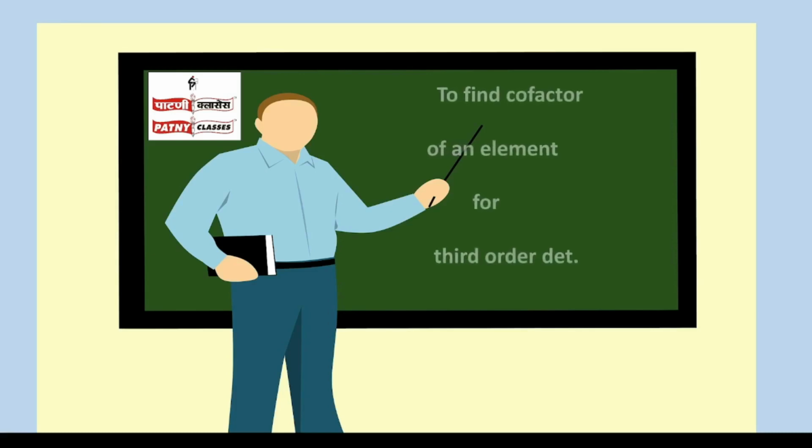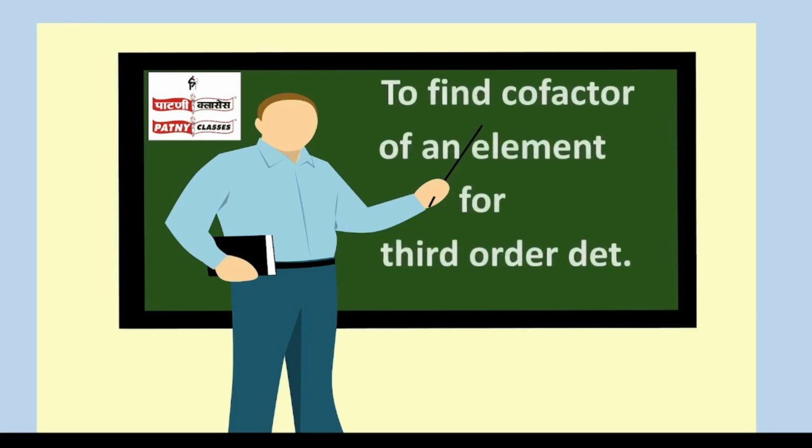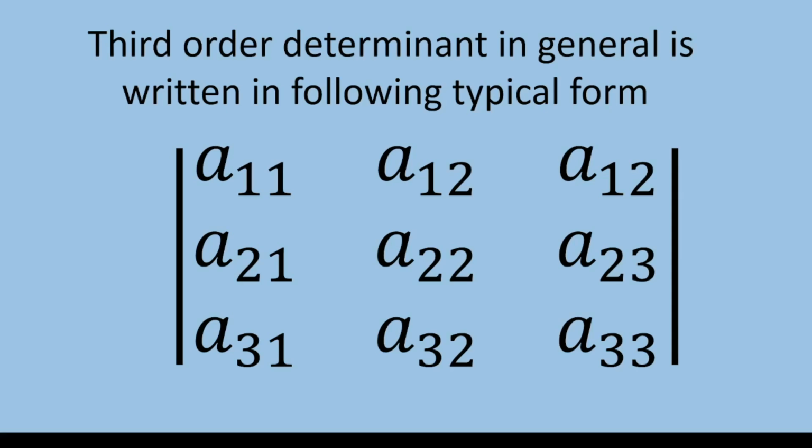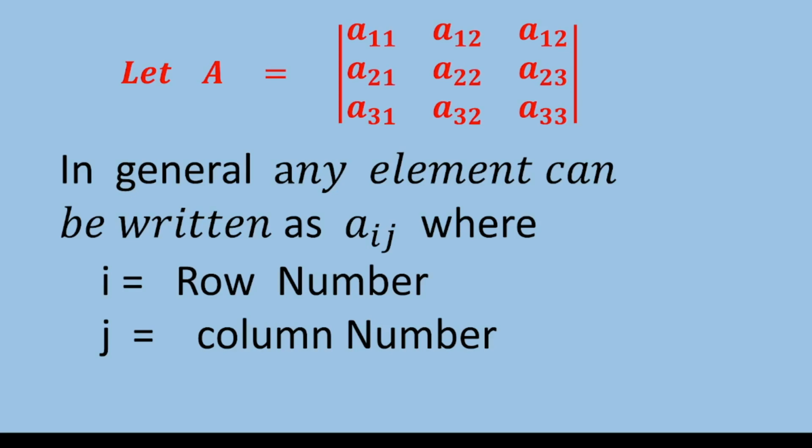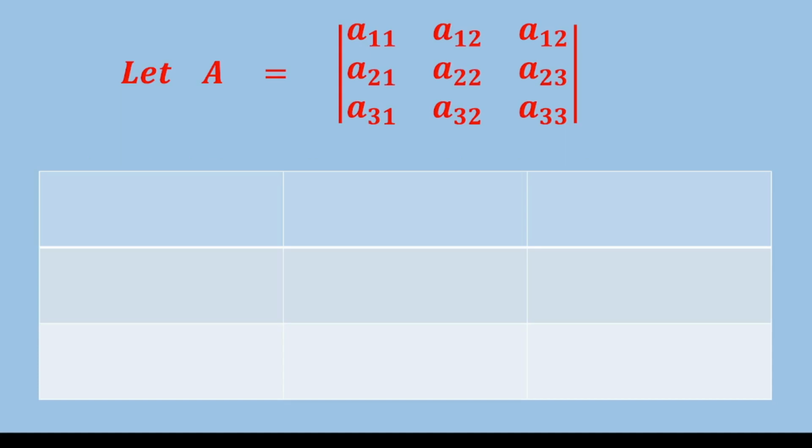To find the cofactor of an element for a third order determinant, the typical form of a third order determinant is shown below. Any element of a third order determinant can be written as Aij, where i stands for row number and j stands for column number.